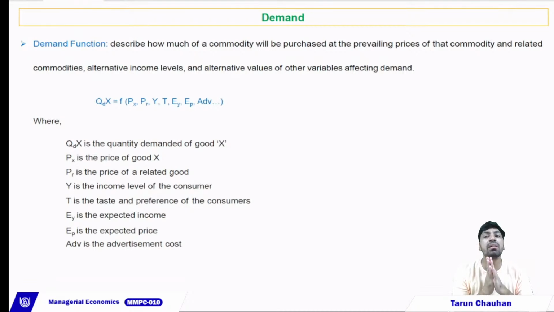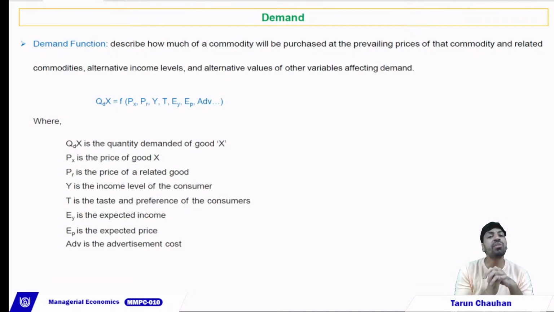We are talking about the factors which influence the demand, and that's called the function of demand. That means the quantity demanded is a function of all the factors which influence the demand.